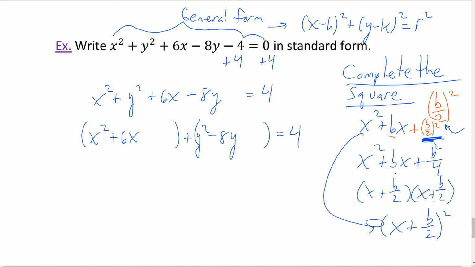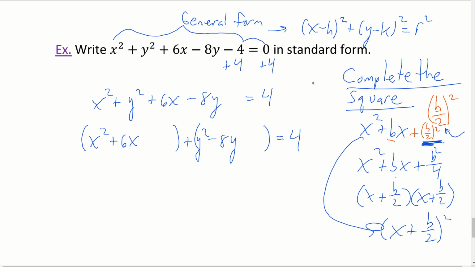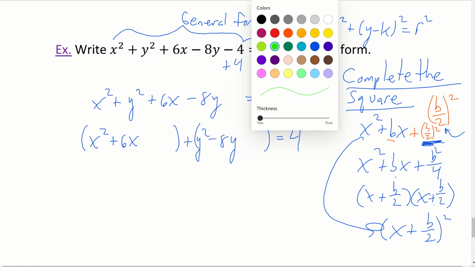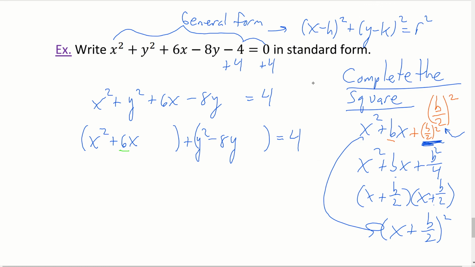So let's come over here, let's complete the square in the x variable. To complete the square in the x variable, I noticed that we have a coefficient of 6 here. So here we have a 6.